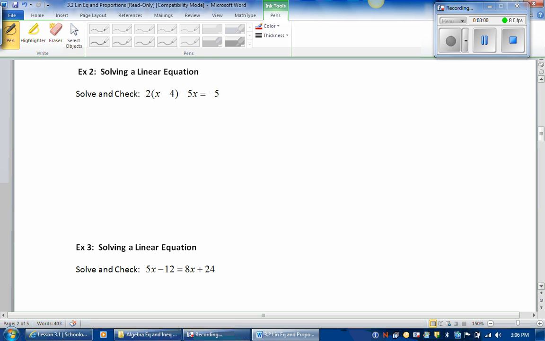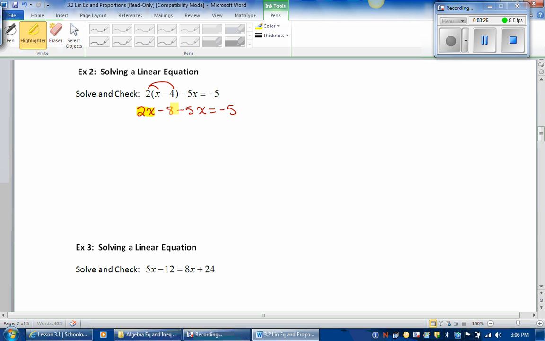In order to solve this one, we are going to have to get rid of these parentheses. To get rid of them, we have to use the distributive property, and we're going to distribute through that 2. Our next step is to combine my like terms.